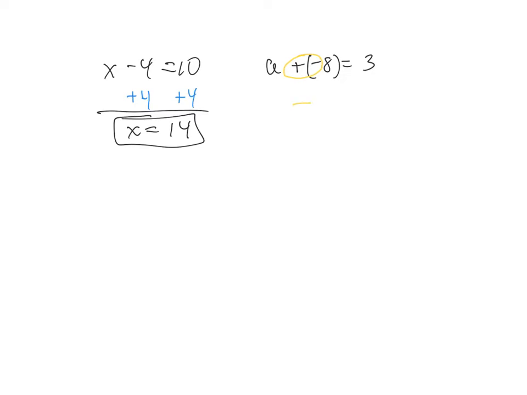So that needs to become subtraction. You can think of it as like when you're multiplying and dividing, a negative and a positive become negative. You could think about it that way also. Then add 8 because it's subtract 8. And a equals 11.